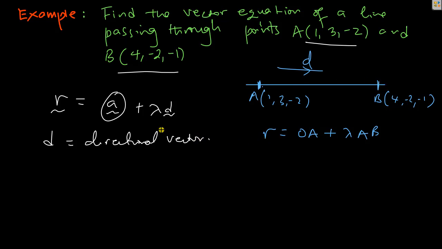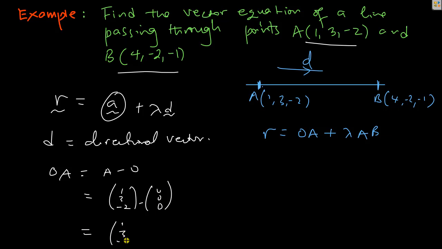So OA is actually A minus O. A is 1, 3, -2, minus O, the origin, 0, 0, 0. So that position vector is actually 1, 3, -2. Also, the direction vector, which is AB, is OB minus OA, where OB and OA are position vectors.